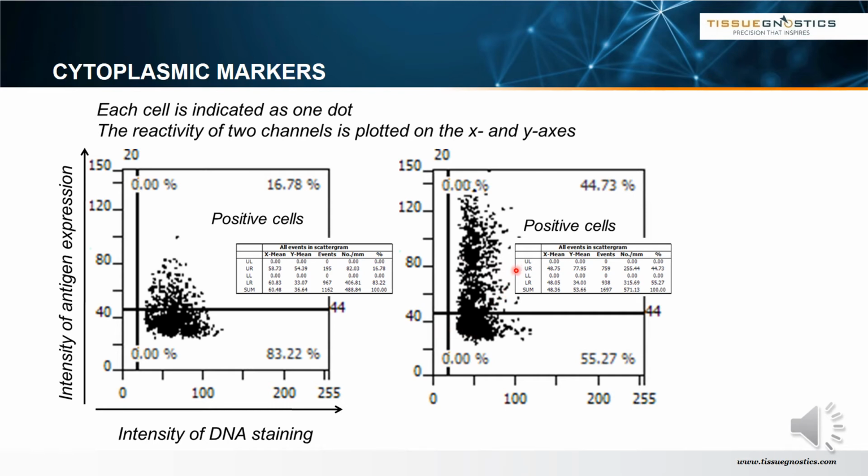UL, UR, LL, and LR. It's the same terminology that is used in flow cytometry. And in this quadrant statistic, we see the mean values for the parameters shown on the x-axis, on the y-axis, the total number of events, the events normalized to the area, so number per square millimeter, and the relative percentage.